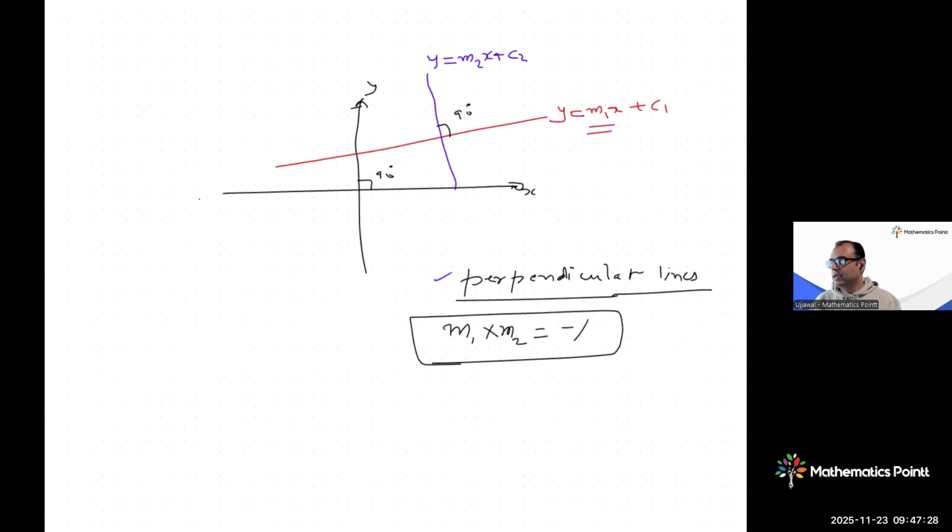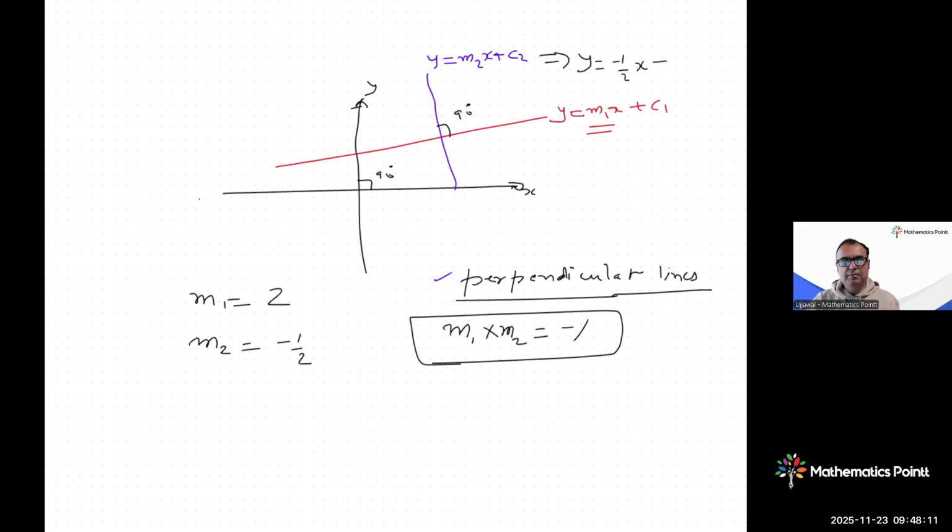Now, let's quickly see how this can be applied. Let us say I have the slope of a line m1 as 2 and the slope of the other line m2 as -half. Hypothetically, if I create equations, I say y equals -half x plus 10, and y equals 2x plus 7.